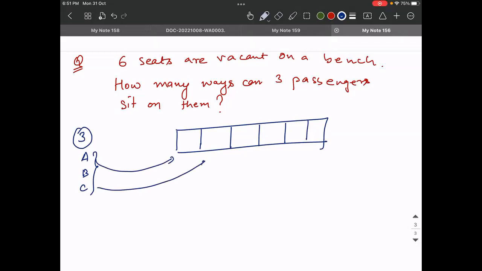All seats need to be filled, but there are only 3 passengers. See, vacant seats are 6: 1, 2, 3, 4, 5, 6. Is there any problem in understanding the question? No, right? The question is clear to you all.